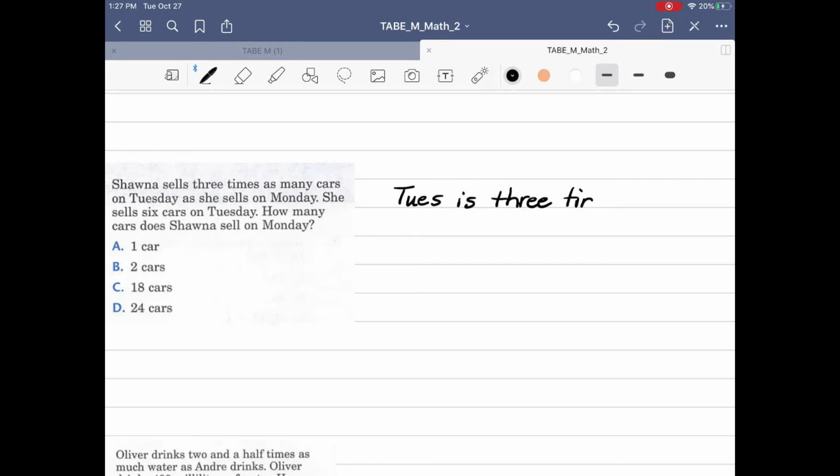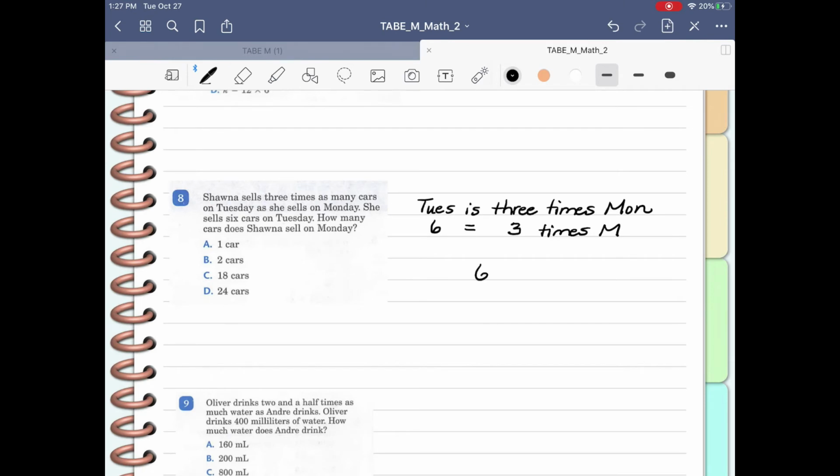Get your story straight, and then you can fill in the rest of it. She sells 6 cars on Tuesday, so we know that that's 3 times Monday. So my equation is 6 equals 3m, and that is solvable.